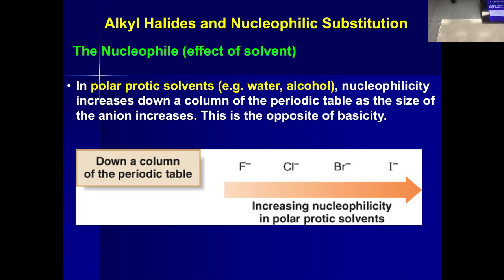Let's break that down. Why is it polar? We have polar bonds. Oxygen is more electronegative than hydrogen, right? So we have a dipole that goes like this, right? Which means we have a dipole overall that looks like that. Right, so it's polar, yeah, that's easy enough. Got polar bonds and overall it's polar.